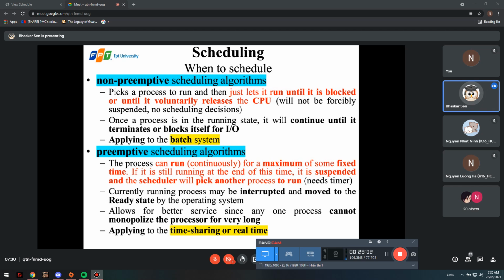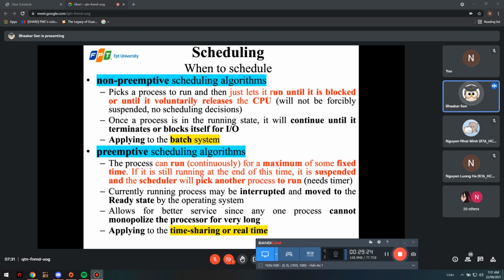In the context of clock algorithm or CPU switching, preemptive algorithms are the algorithms that allow a maximum limit of time to each of these processes on the CPU.